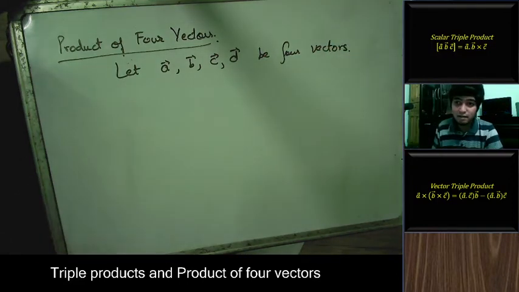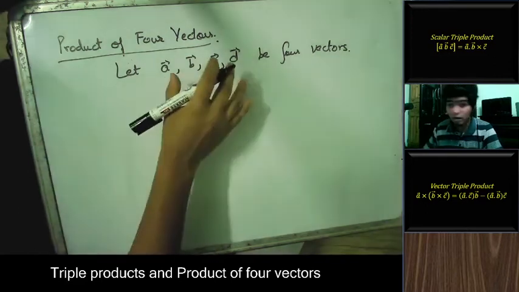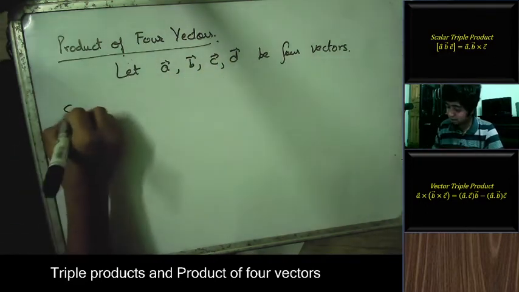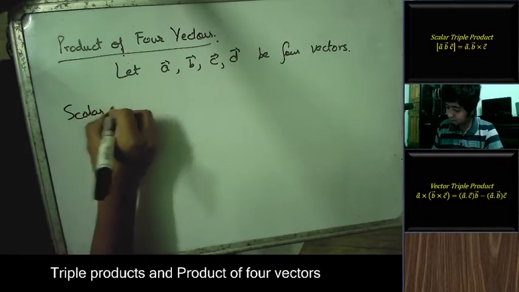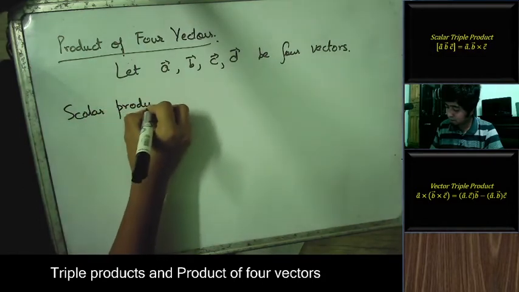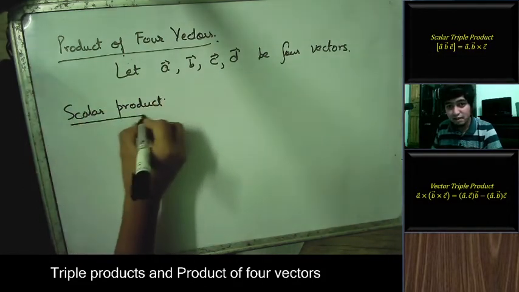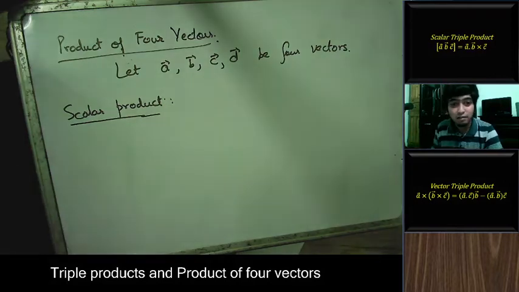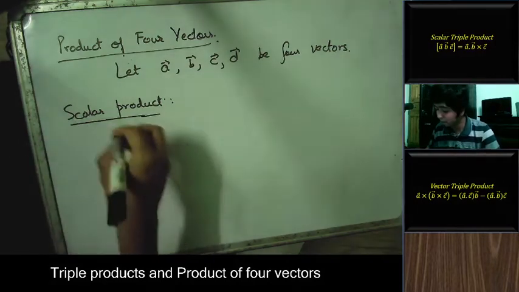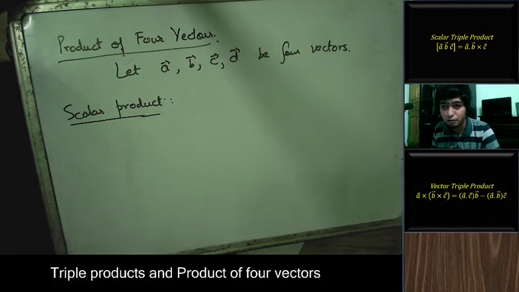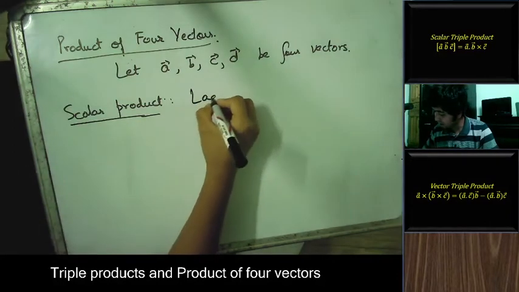Now let us form a scalar product. We want a scalar product of the four vectors. This is actually Lagrange's identity. He formed this scalar product and found a formula for it, Lagrange's identity.